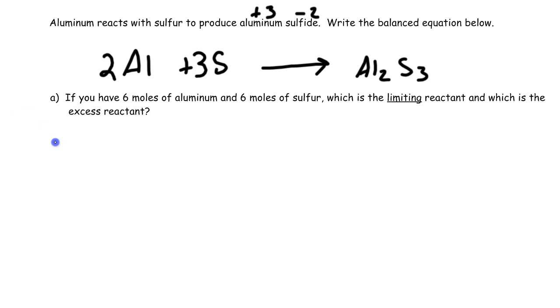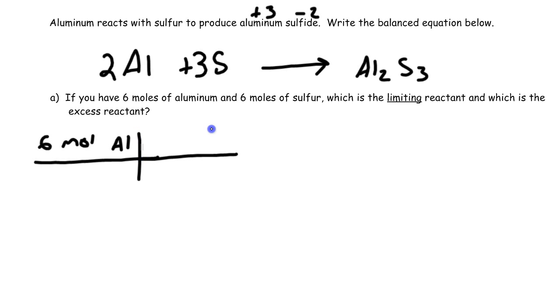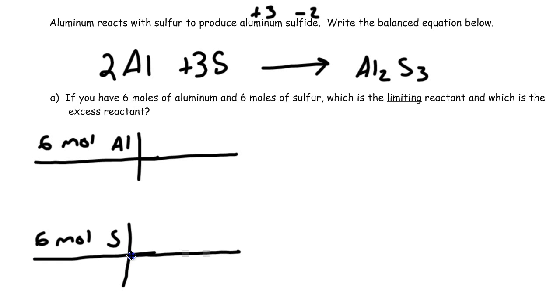So in this case, I have 6 moles of aluminum, so that's my first given information, and we are going to do a conversion with that. And we also have 6 moles of sulfur. And we're going to do a conversion with this one as well.